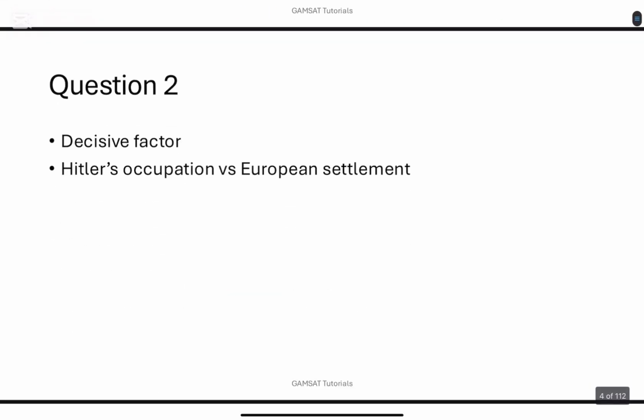Comment 2. So comment 2 suggests that the decisive factor when considering whether to use the word invasion or settlement is... So again, key bit, decisive factor. There may be multiple factors, but what is the big one, the decisive one? What it does is it talks about the preferred terminology and it compares Hitler's occupation of Europe to the European settlement.